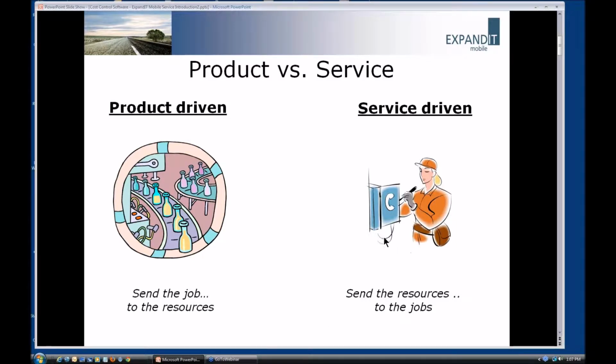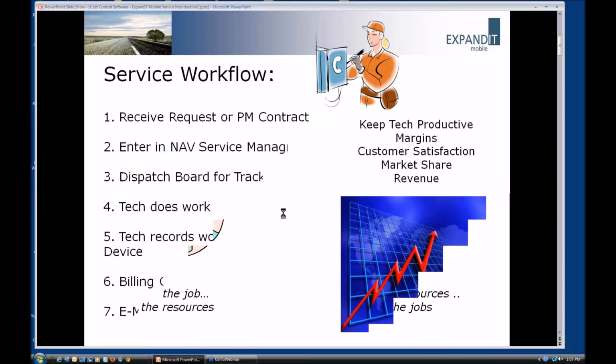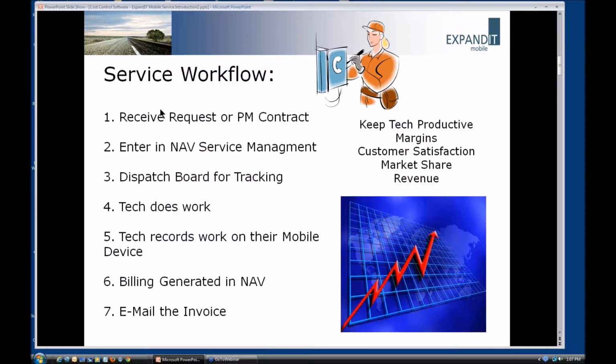You have a technician that goes out in the field. That's why the picture of the road. They're on the road, and they're going to be doing some service for a product out in the field, not typically in the office. So let's think in terms of the workflow. It's very important to think what happens. A service request or a preventative maintenance contract comes up due.